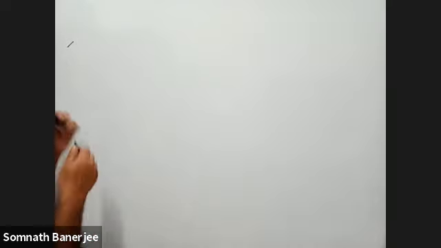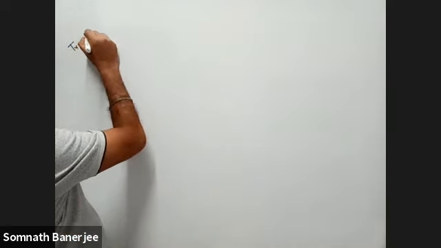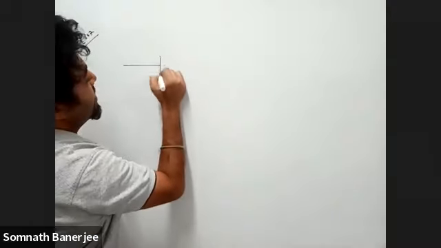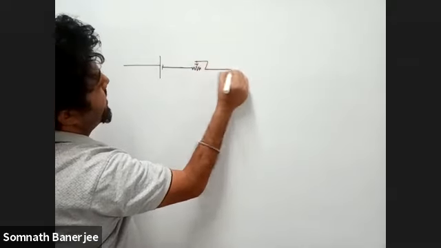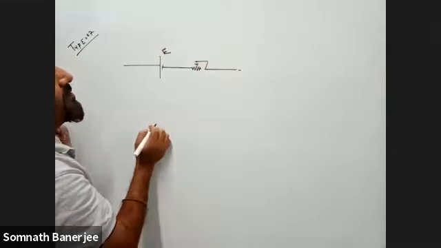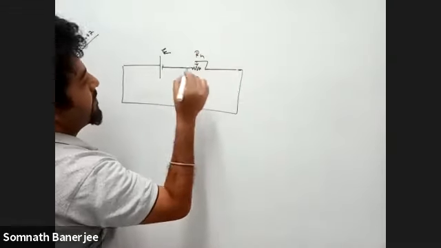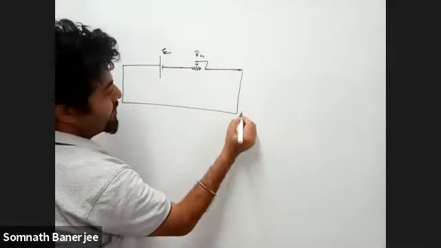Type 7. Here the initial primary circuit remains the same. Let the EMF be E, and the wire be AB.